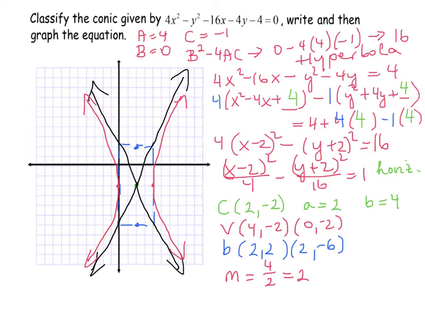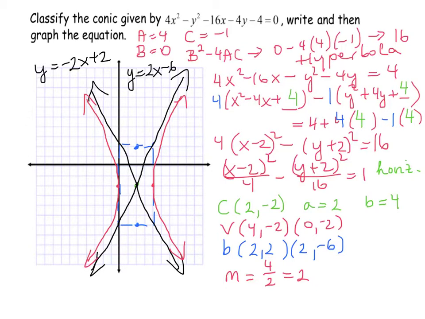So the equation for the asymptote with the positive slope will be y equals 2x minus 6. And the one with the negative slope will have a slope of -2. And the y-intercept for that one, if you identify it, is right here at +2. So y equals -2x plus 2.